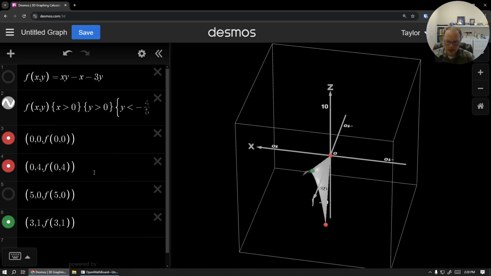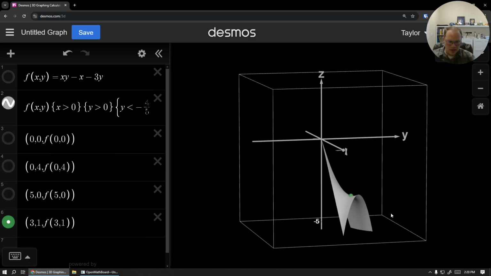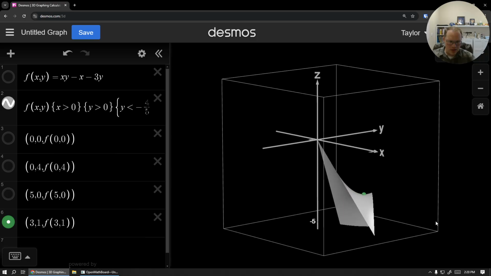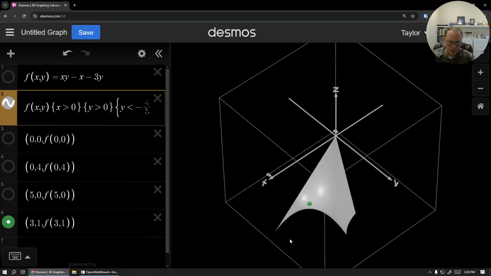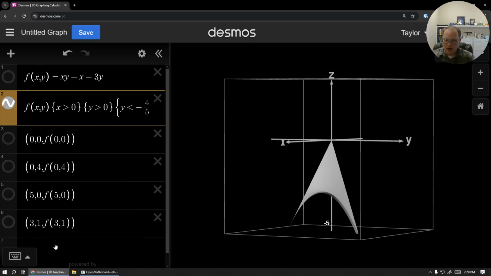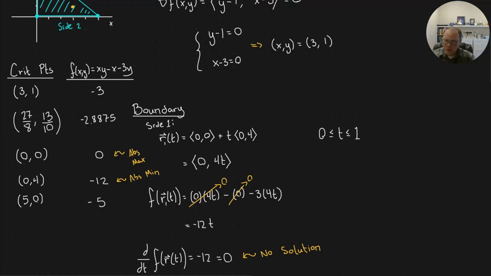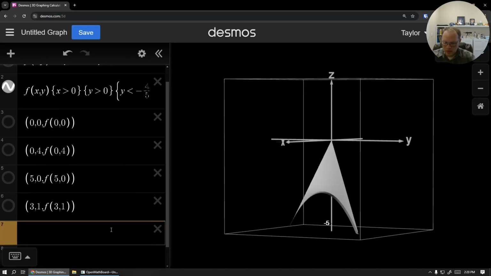So you can see here, let me hide everything but the point I'm talking about. You can see that it's not at the edge, it is in the interior, and it looks like a saddle point, doesn't it? Okay. And then our last point, what was it? It was (27/8, 13/10).